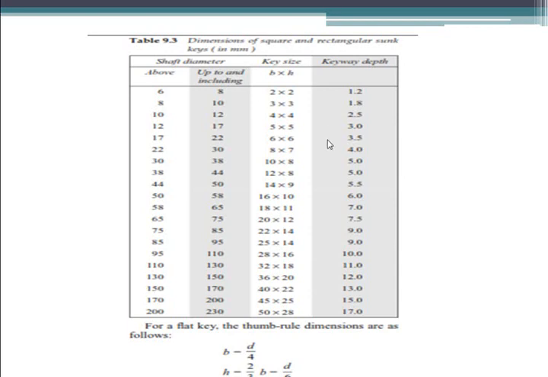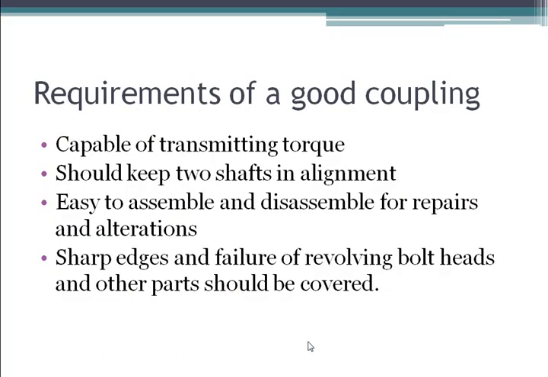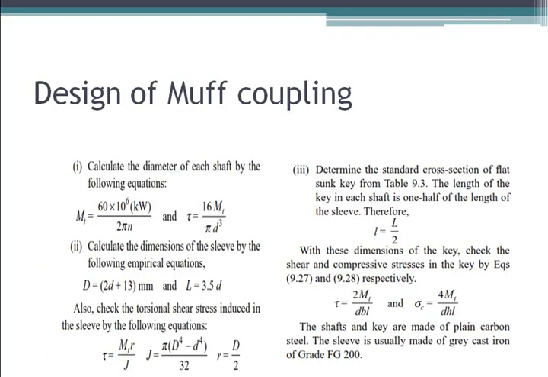These are the dimensions of square and rectangular sunk key based on the shaft diameter. Based on the diameter we can select the key size, or from the thumb rule we can find out b is equal to d by 4 and h is equal to d by 6, using these empirical relations, d by 4 and d by 6. And the length will be L by 2, where capital L is the length of the sleeve.